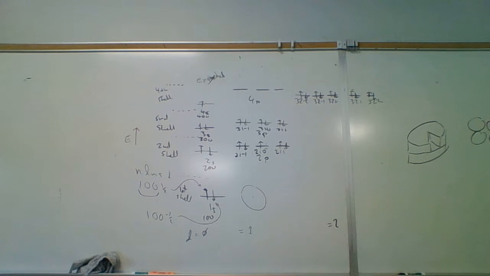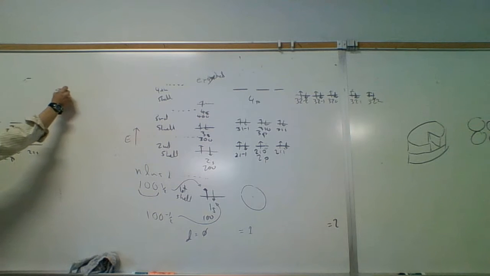This is 1,0,0, 1s, followed by the 2,0,0, 2s. Then we have the 2p's, 2,1,-1, 2,1,0, 2,1,1, followed by the 3s, 3p's, followed by the 4s.